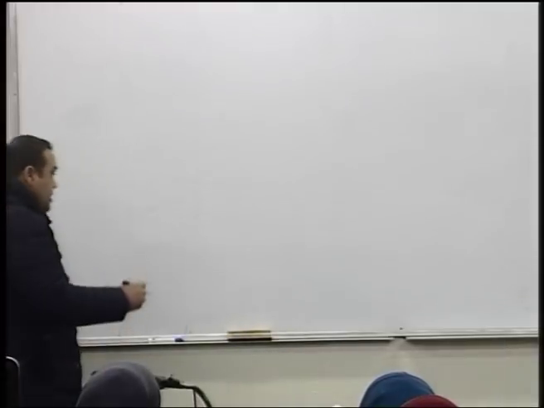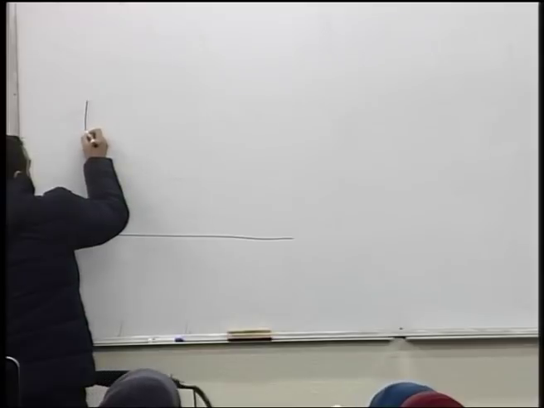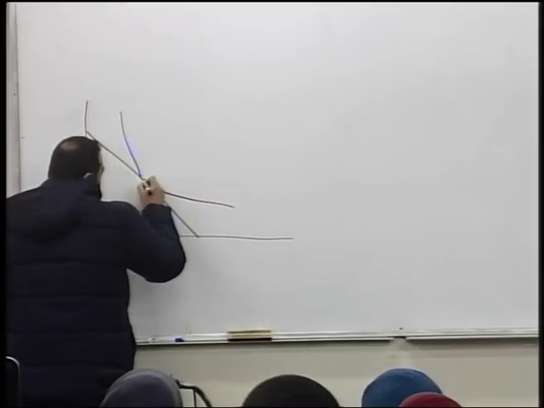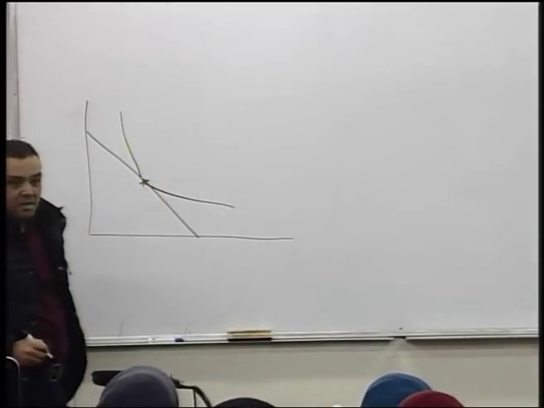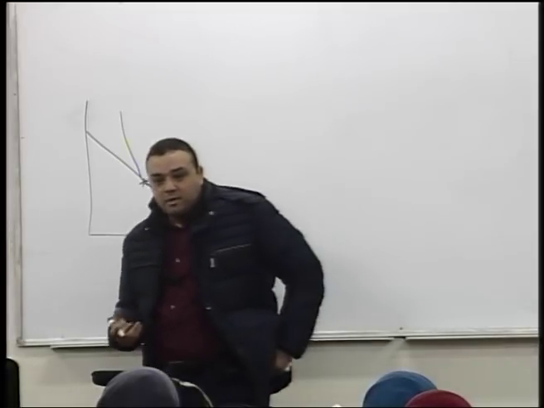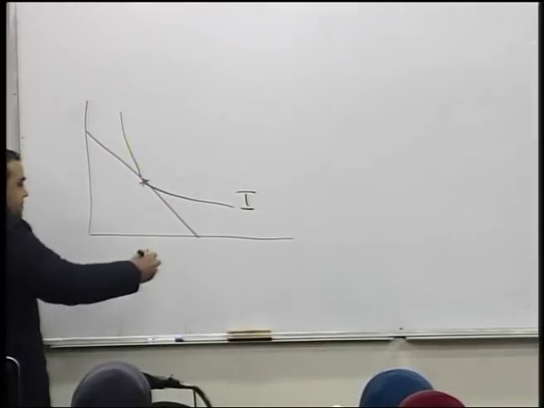In chapter 4, we studied the indifference curve theory, and we said that the consumer equilibrium occurs when the indifference curve is tangent to the budget line. Here we were talking about the consumer. The rational consumer should consume at the point at which the indifference curve is tangent to the budget line.